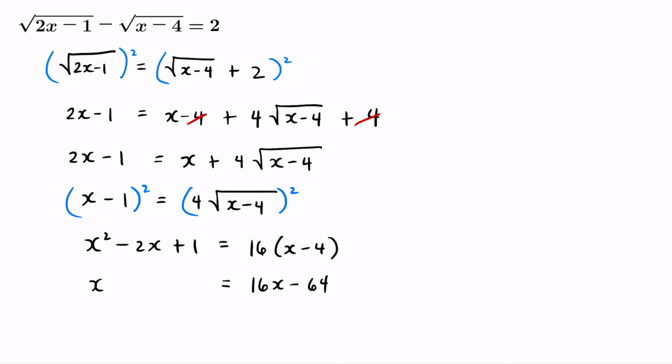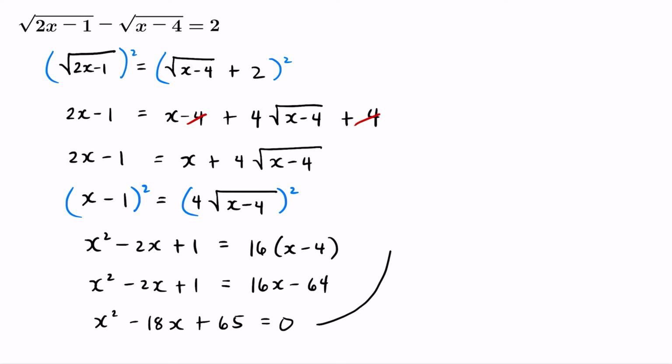We just copy this left-hand side. Moving all terms to the left-hand side, we'll get x squared, negative 2x minus 16x, that is minus 18x, and then 1 plus 64, that is plus 65, equal to 0.